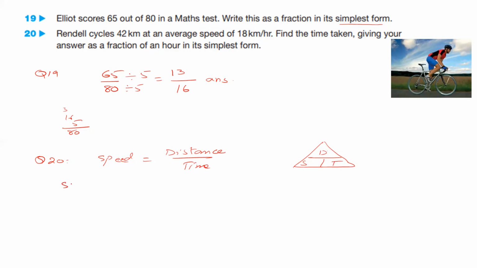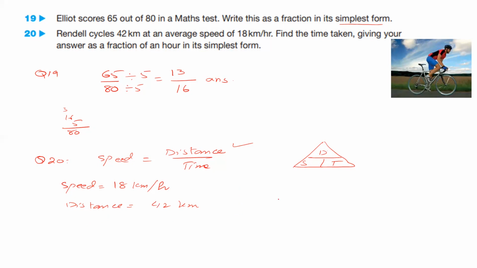We know the speed is given to us, the average speed, 18 kilometers per hour. And distance is given to us, 42 kilometers. So we put these two values of speed and distance in this equation and we get the value of time.